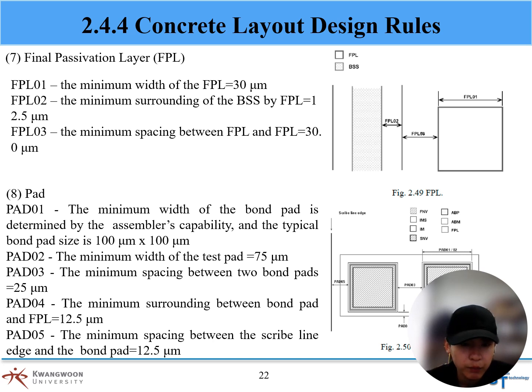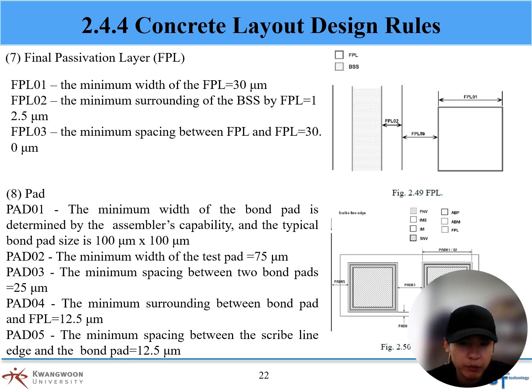For the PAD, the minimum width of the bond pad is determined by the assembler's capability, and the typical bond pad size is 100 micrometer by 100 micrometer. The minimum width of the test pad is 75 micrometer.